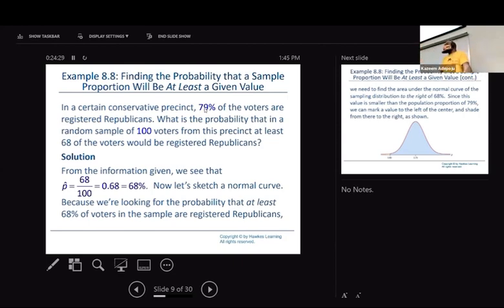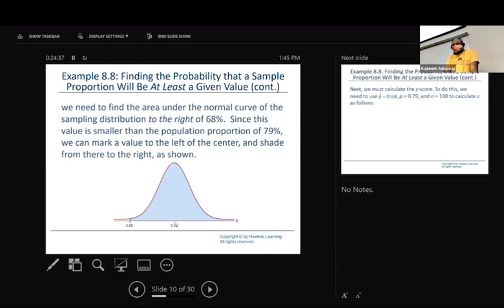That was 79%, and that 79% is going to be the center of the normal distribution. You want to find the probability of at least 68%, at least 0.68. It means you are looking at the right of the distribution, right?